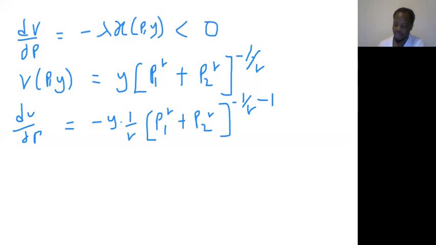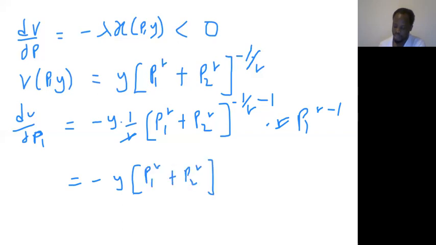Then you differentiate what you have in the bracket, differentiating with respect to p1, which gives you r p1 r minus 1. So this r cancels this r. Then I'll have minus y into bracket p1 r plus p2 r to the power of minus 1 over r minus 1, times p1 r minus 1.